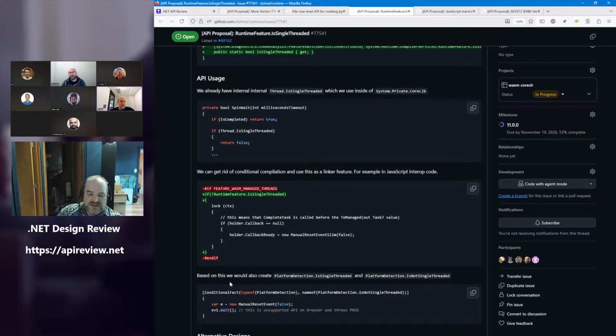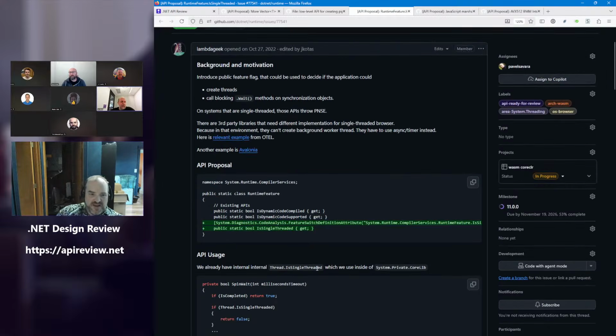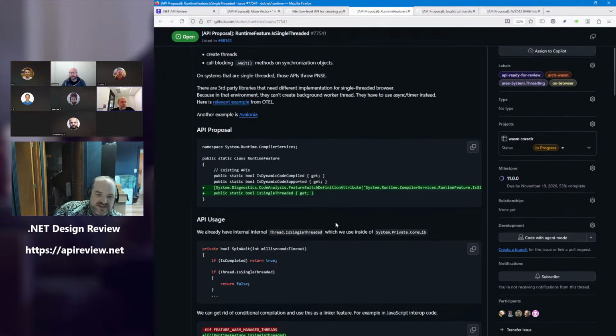Yeah, I think supports multi-threading or is multi-threaded sounds good to me. Sounds good to me as well. I feel like support is the better word, because just "is multi-threaded" sounds like, oh, keep checking to see when the other threads die. It's about whether the concept exists on this particular execution. So to match the existing API name, it would be is multi-threading supported, maybe.